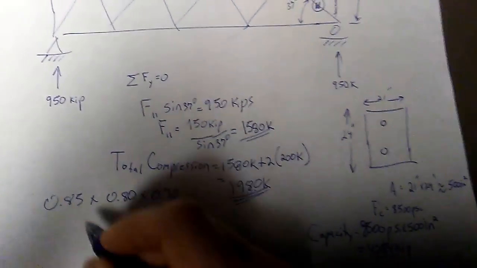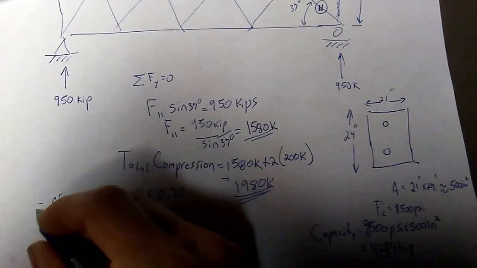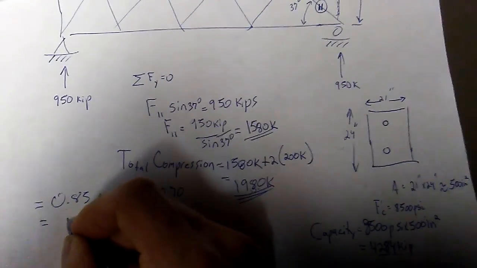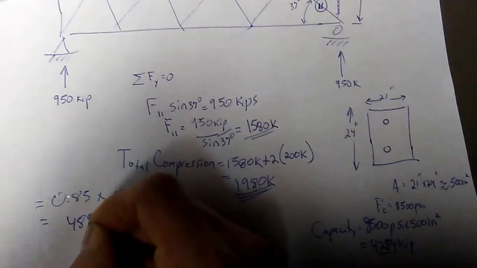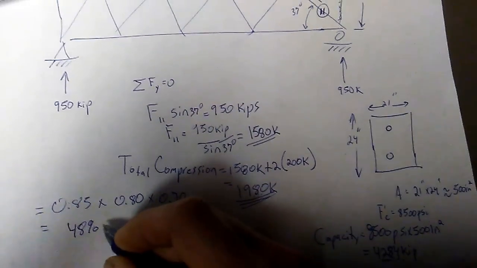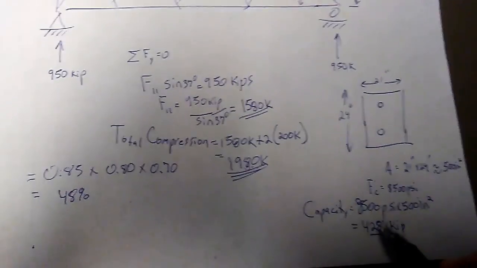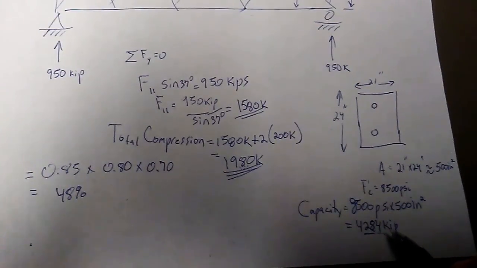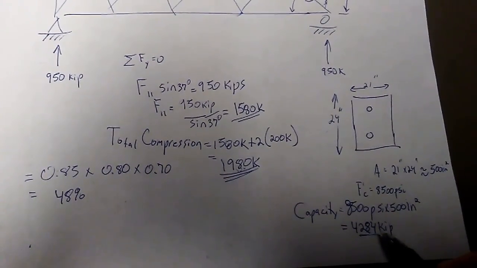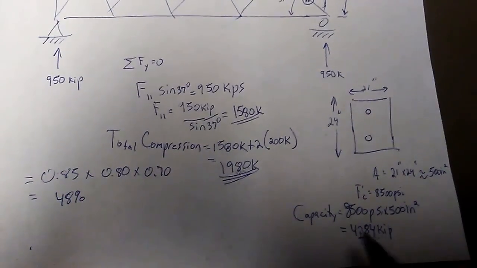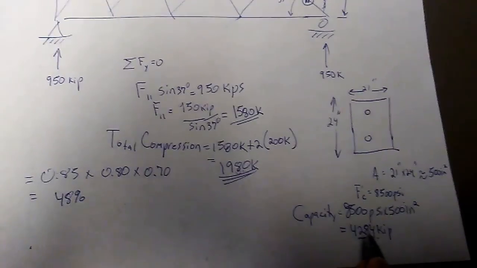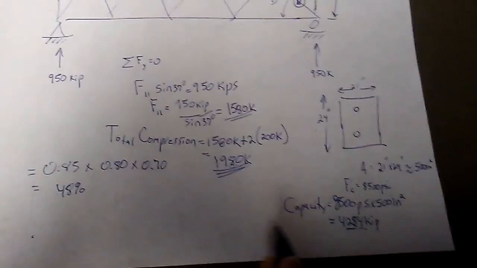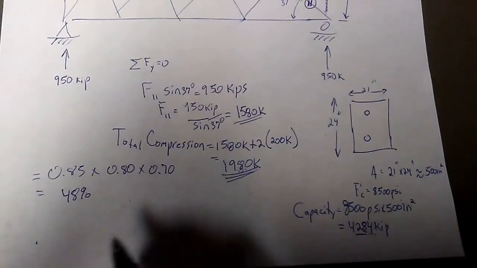If you multiply them all out, you get approximately a 48% reduction in capacity from the perfect condition, I'll call it. This would be the ultimate, the highest that you could ever see. But when you're doing design, you can't take that value. You have to reduce it to account for imperfections, as I stated earlier.